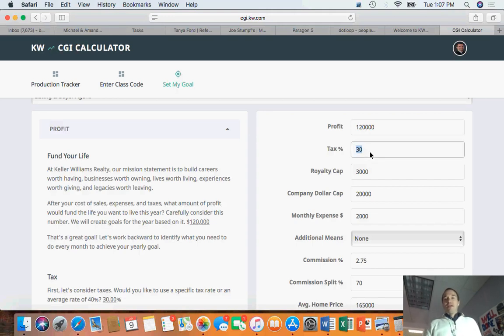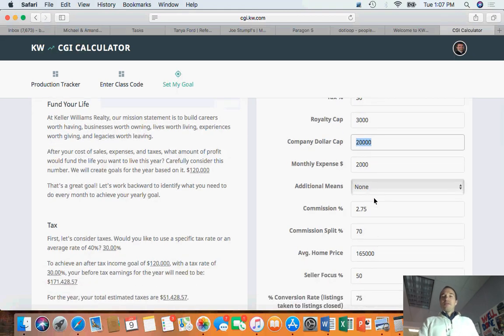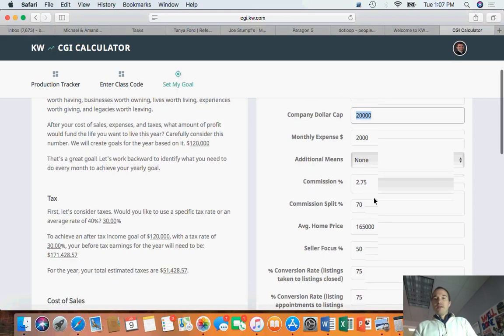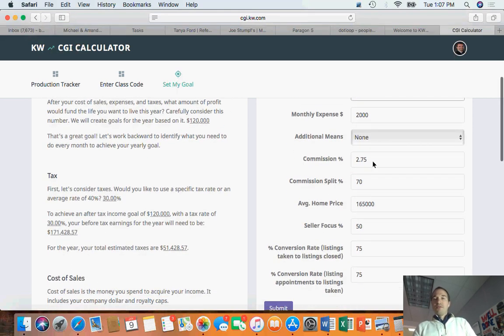Let's say your tax rate is 30%, and you can change that number depending on where your tax rate is. Your cap royalty of $3,000, your company dollar cap of $20,000. Monthly expenses, whatever your business expenses would be on a monthly basis. Your commission, what's your average commission? Is that 3%, 4%?